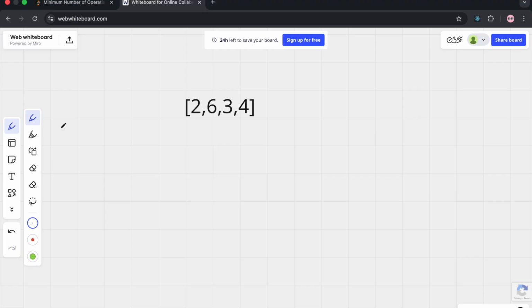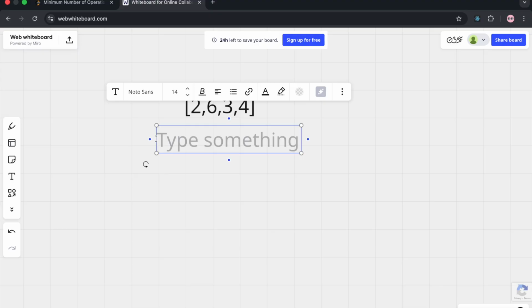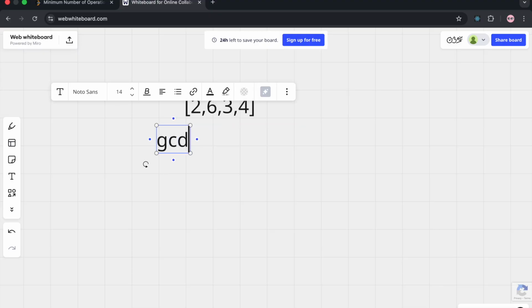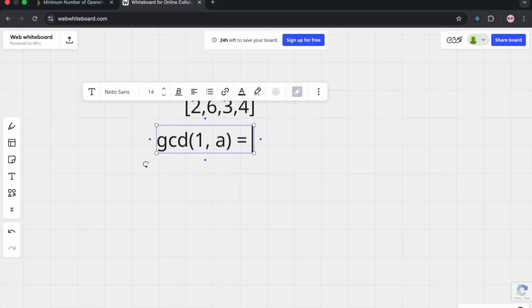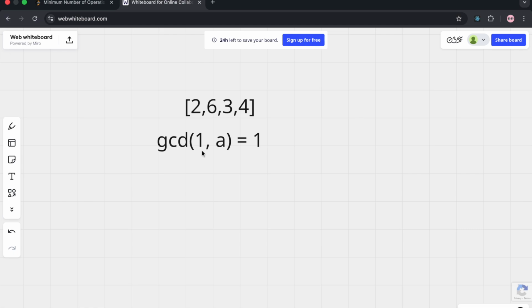The first thing we should know is that the GCD of any number with 1 will be 1, because 1 is the smallest positive number and the only number which is a divisor of both. So this is a property.